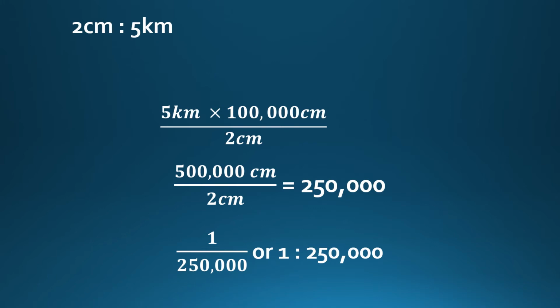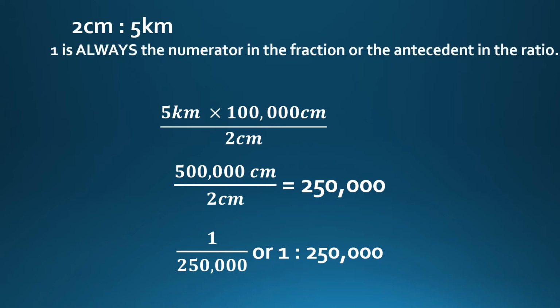So given that figure, we're just going to simply put 1 over 250,000, or we're going to use 1 to 250,000 as a ratio. Remember, we must always use 1 as the numerator in the fraction or the antecedent in the ratio.